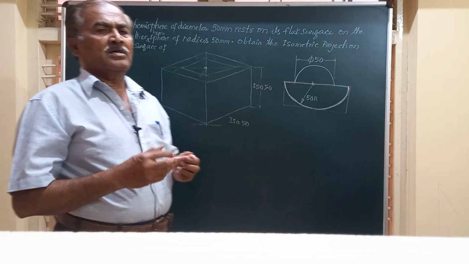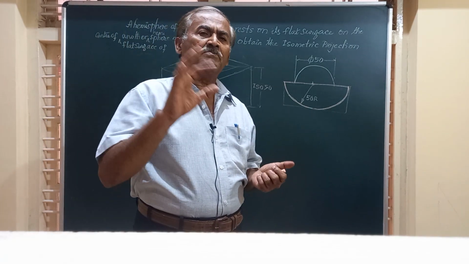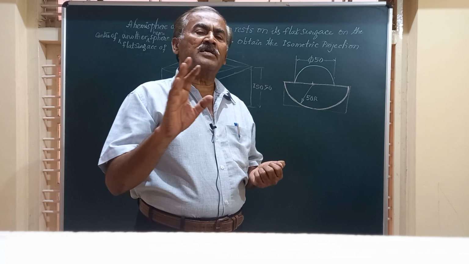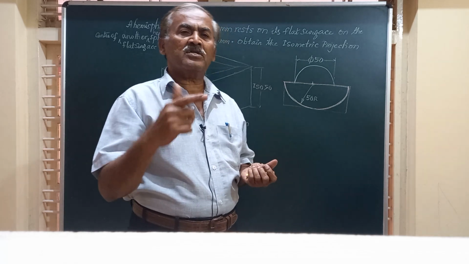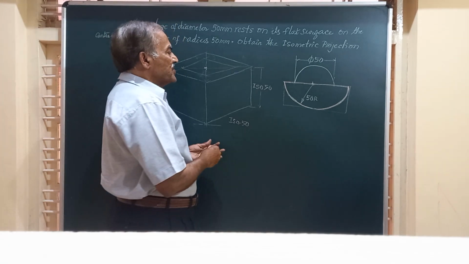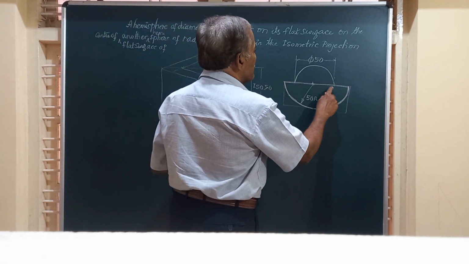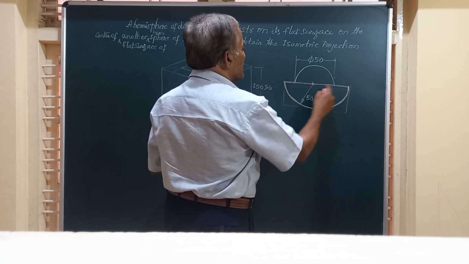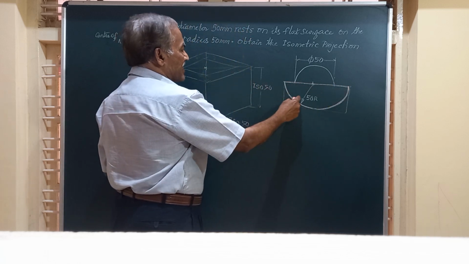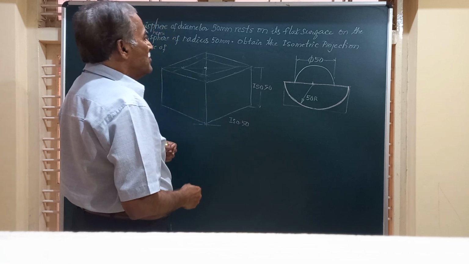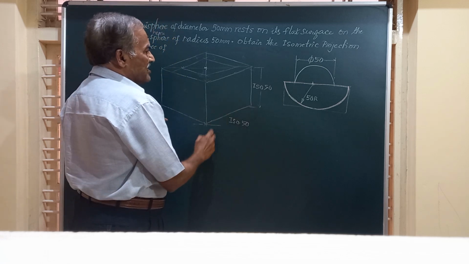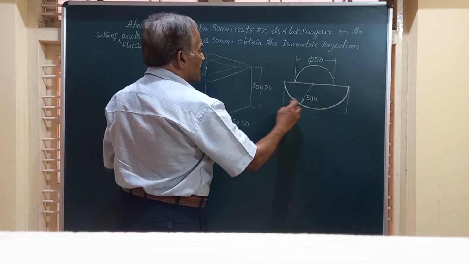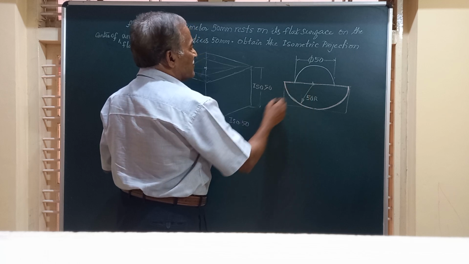Friends, a sphere or hemisphere or a circle appears as an ellipse in isometric projection or isometric drawing. So we have to get one ellipse for the smaller hemisphere and one bigger ellipse for the bigger hemisphere. I have constructed a box here having ISO 50, this height ISO 50, and the height is also the same ISO 50.